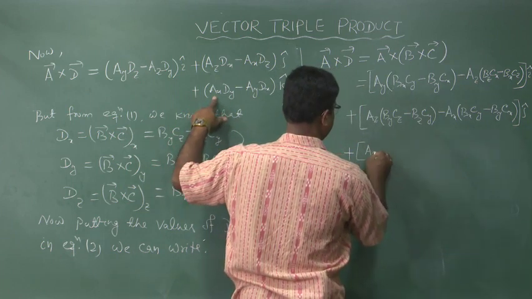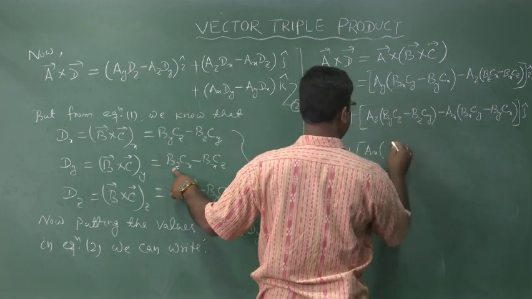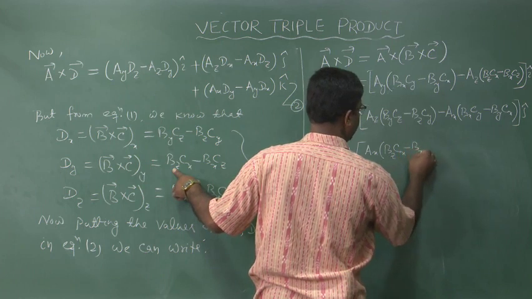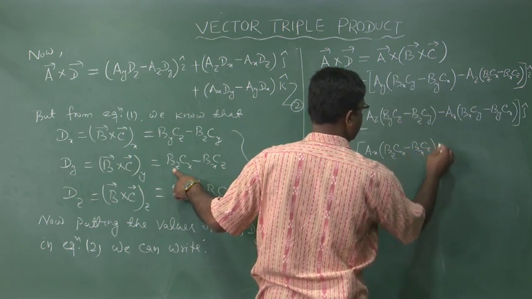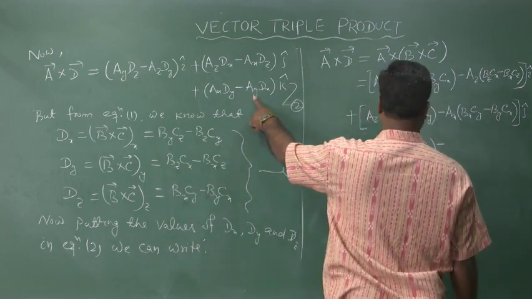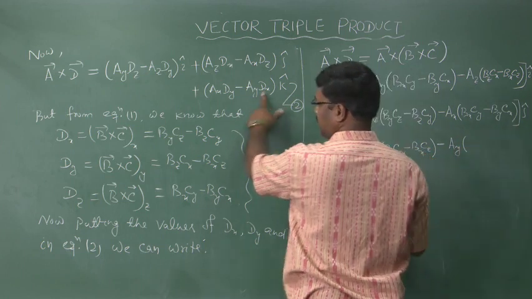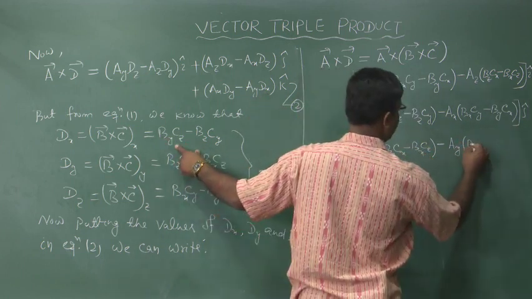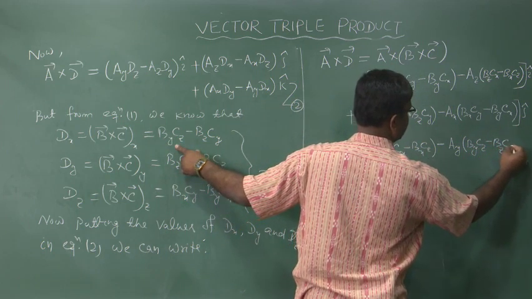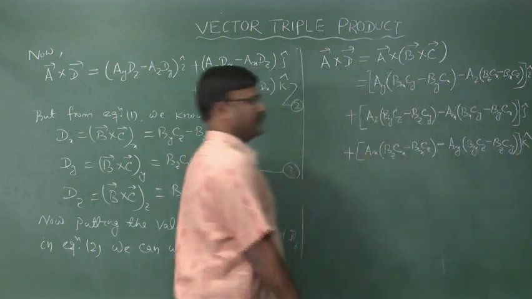Ax into dy, dy is bzcx minus bx into cz, minus Ay into dx, dx is bycz minus bz into cy, whole into k cap.